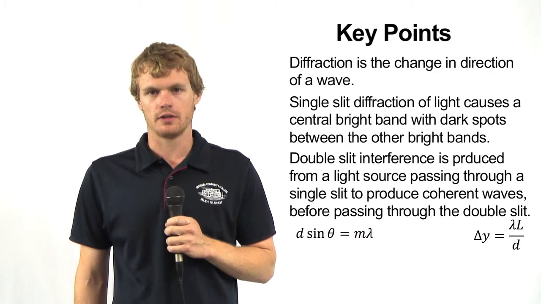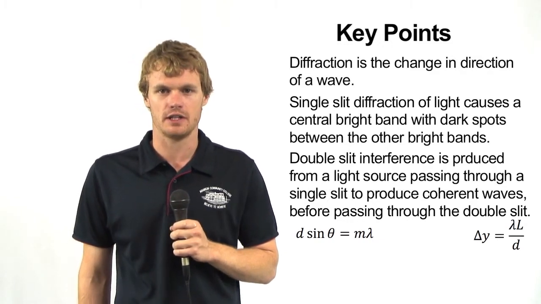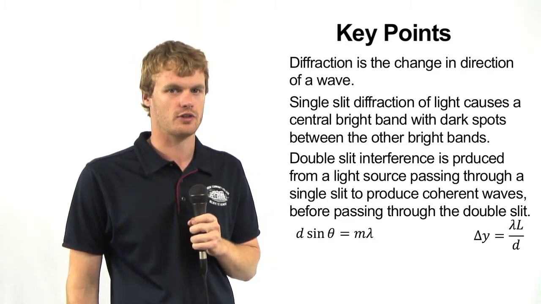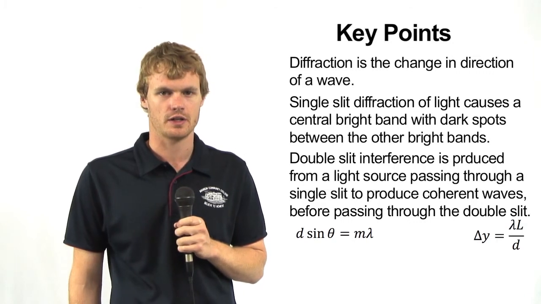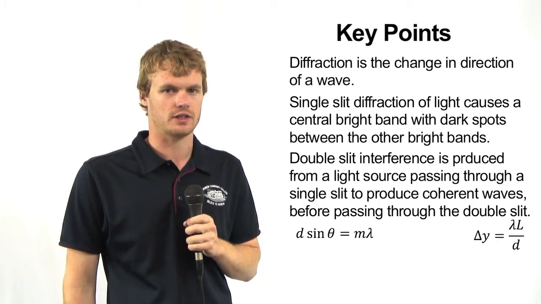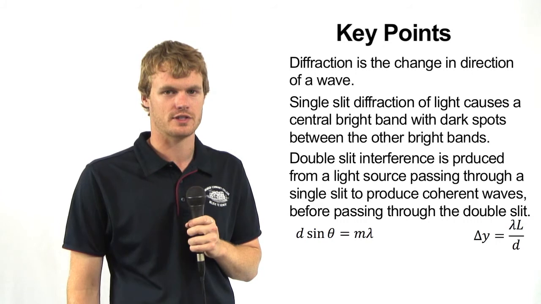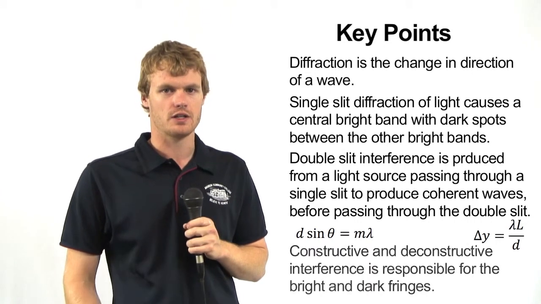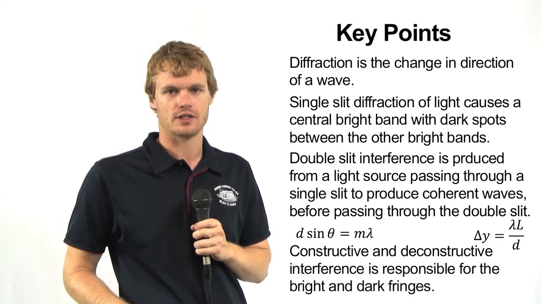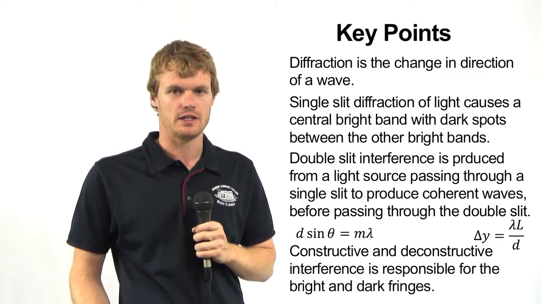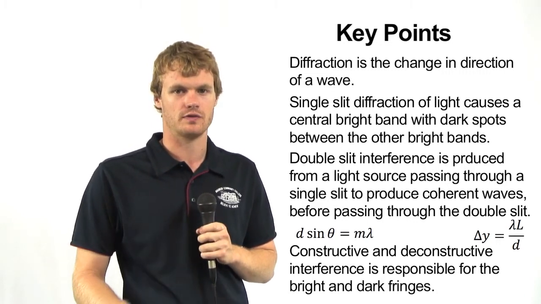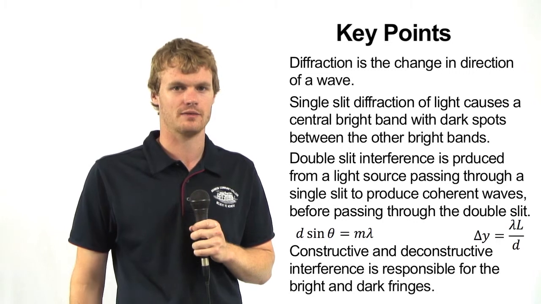Also, the double slit interference pattern, you need to be able to describe what this interference pattern looks like. The interference pattern looks like the waves from the two points like I showed in the last video. We have the light source hitting the double slits, and each of the double slits is producing a curved wave pattern.